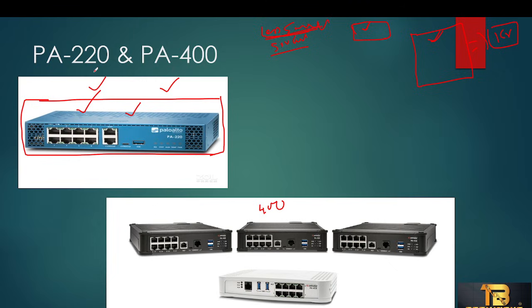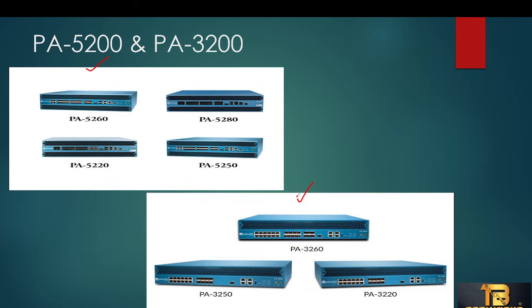That's why Palo Alto has designed the hardware models in such a way that for small-scale companies there are the PA-220 and PA-400 series firewalls. For medium-scale companies they designed the 3200, and for large scale they designed the 5200 firewalls.